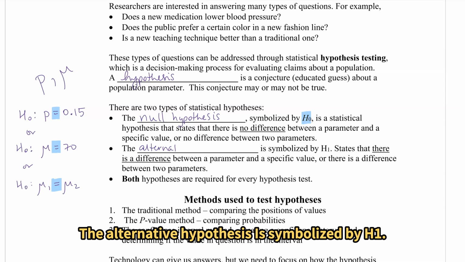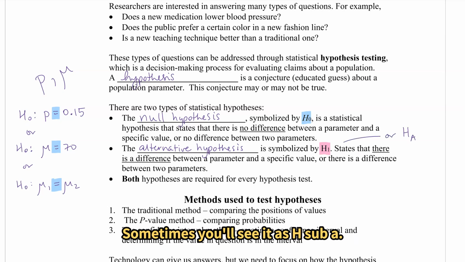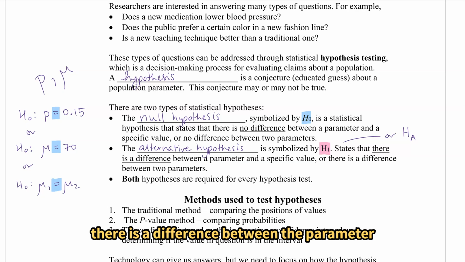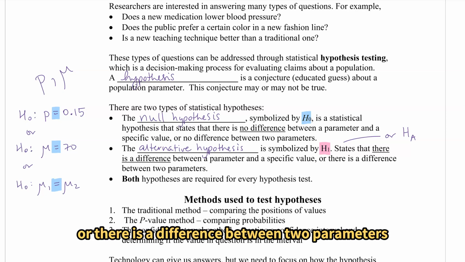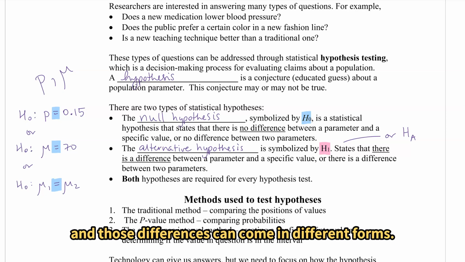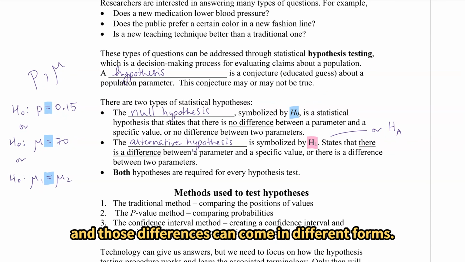The alternative hypothesis is symbolized by H1. Sometimes you'll see it as H sub A. In the alternative hypothesis, there is a difference between the parameter and the specific value, or there is a difference between two parameters. And those differences can come in different forms.